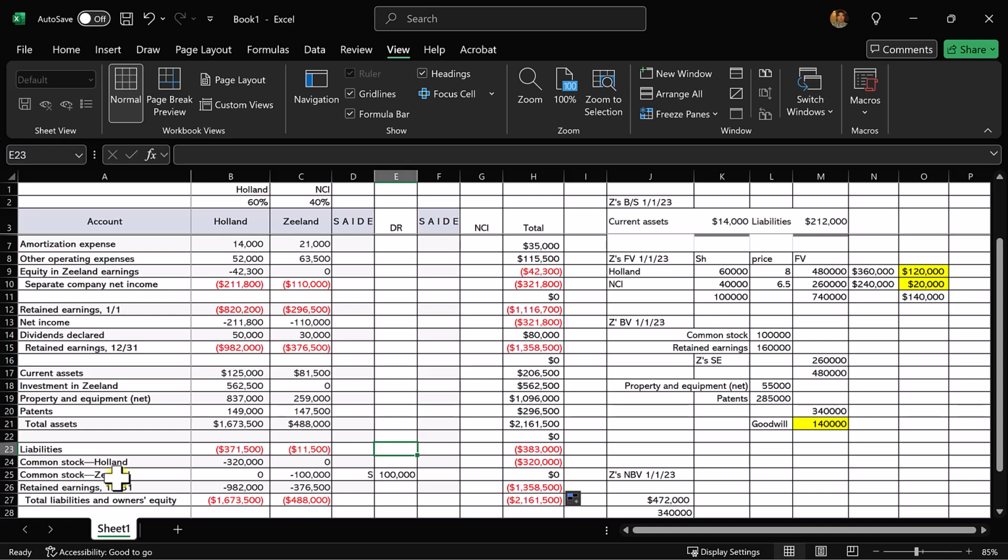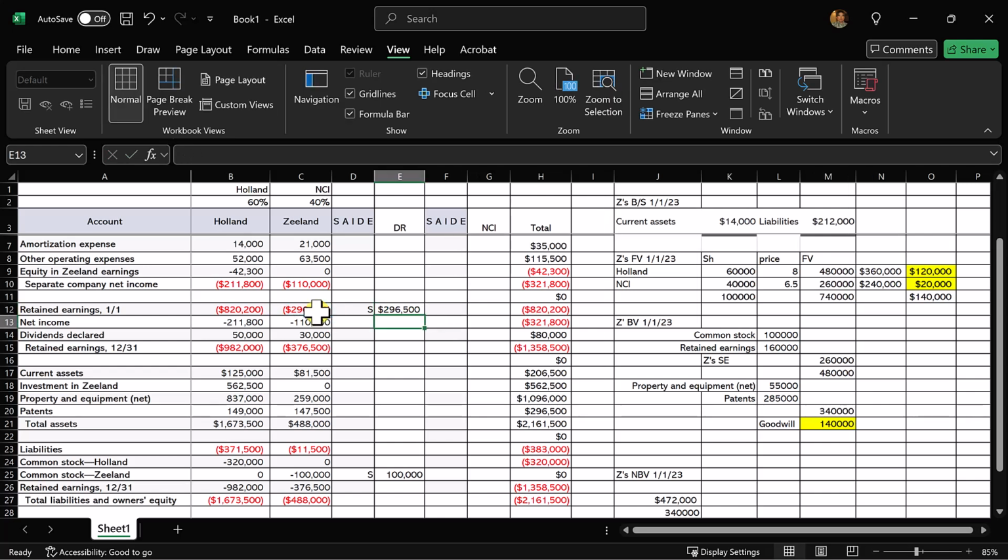So that's one debit. And the other debit is to zero out retained earnings, not at the end of the year, but the beginning of the year for Zealand. So that's another S entry. That's a debit. Debits are positive numbers.